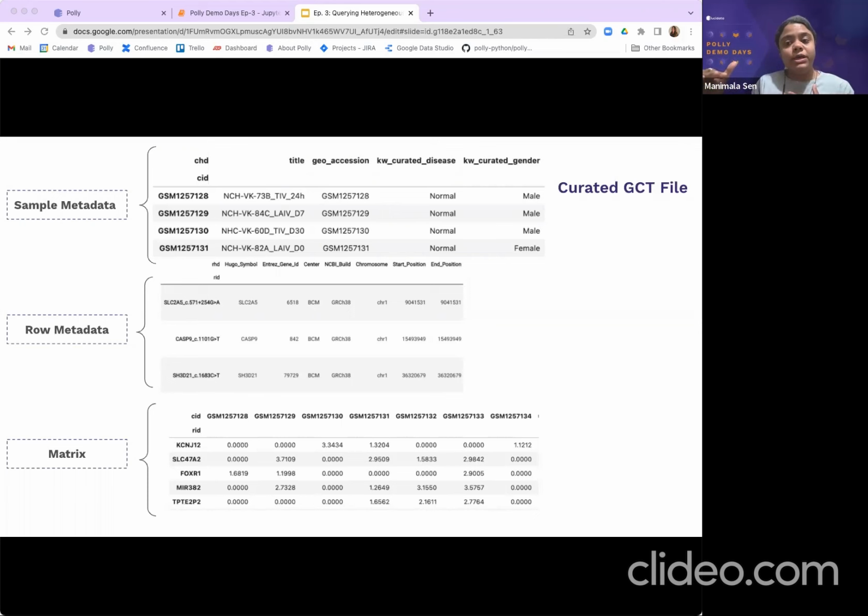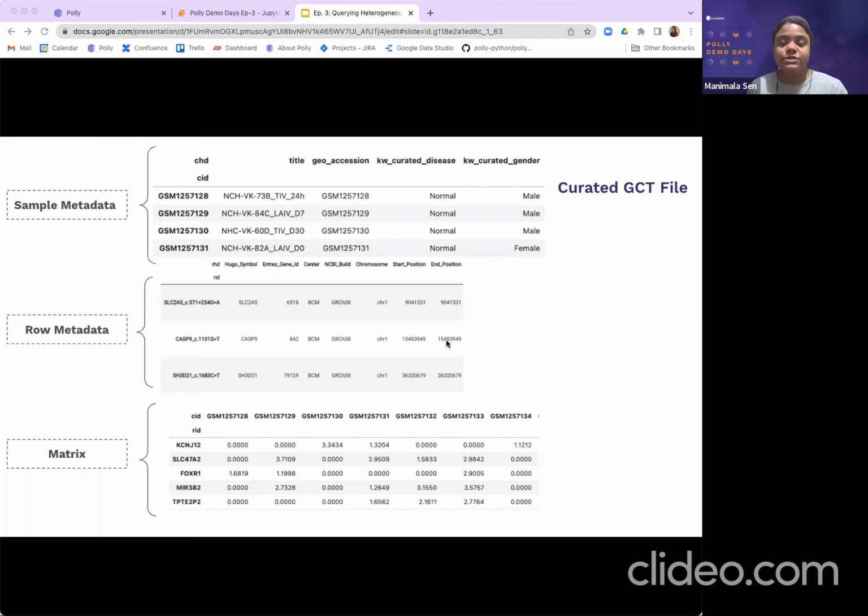So what we can enable at Poly, because we follow a standardized schema, the querying across repositories for a given disease, for a given data type, you name it, is seamless. You will not have to understand the data structure at source. We've done that work for you. All you need to understand is how one of these queries are run, and the queries are scalable. So that's how we've done it.